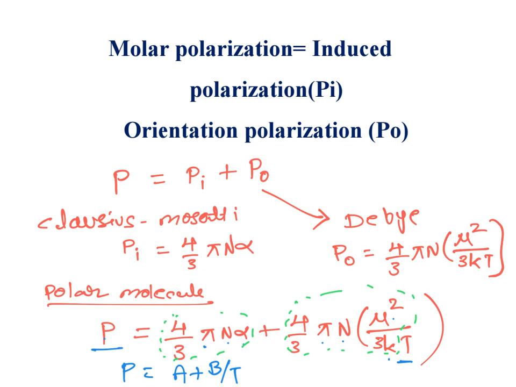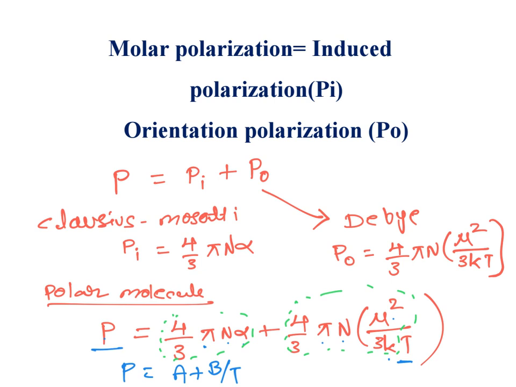So when temperature changes, polarization changes, and this equation we are taking for the polar molecule polarization, which involves two terms: one is induced polarization, the other orientation polarization. If we plot a graph, we can calculate alpha and dipole moment.